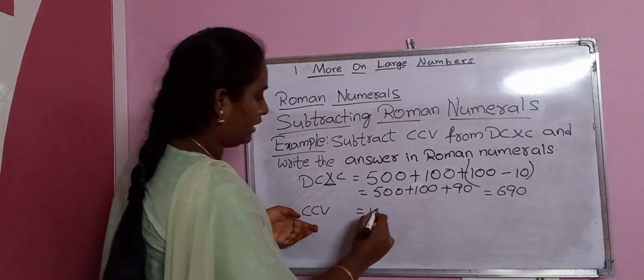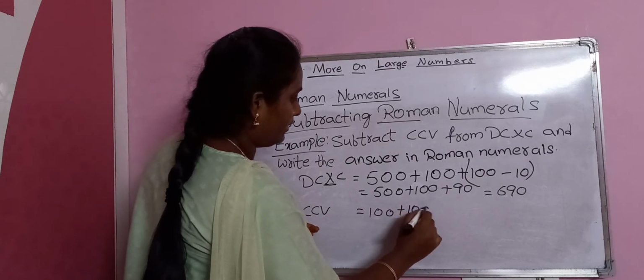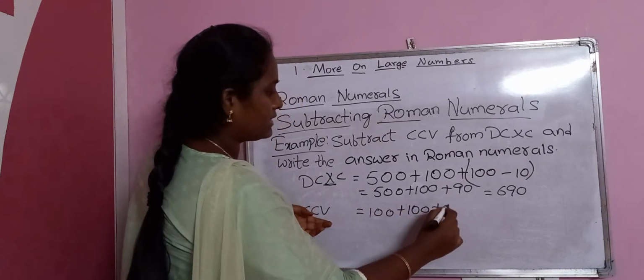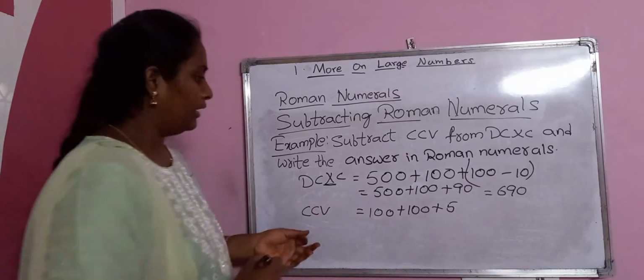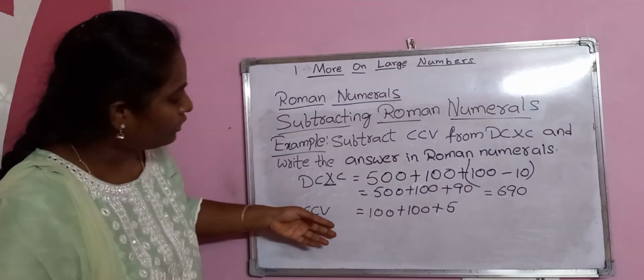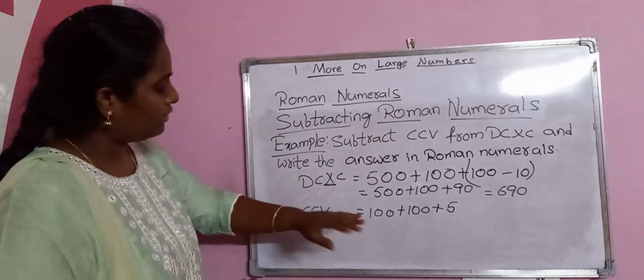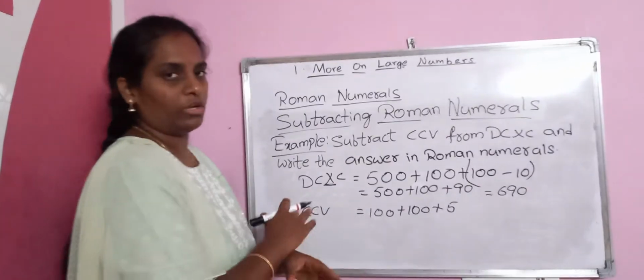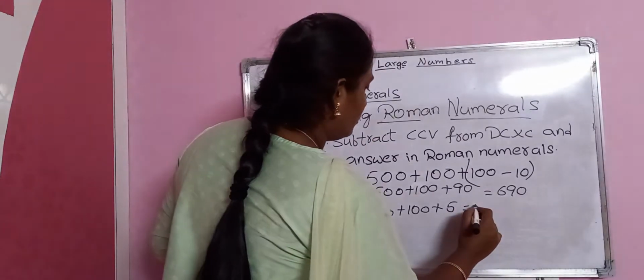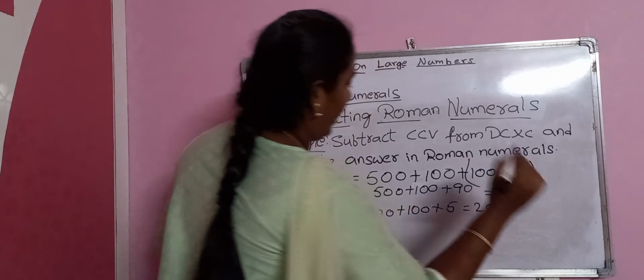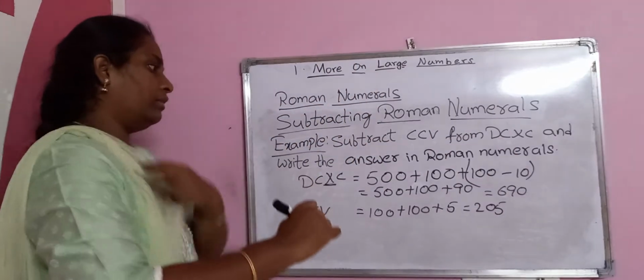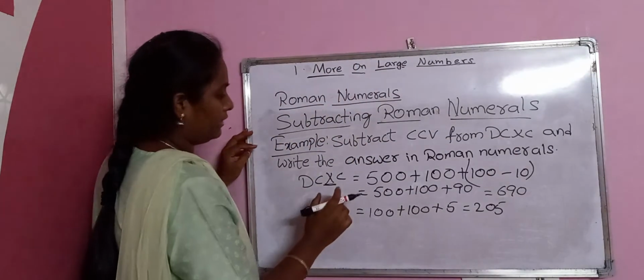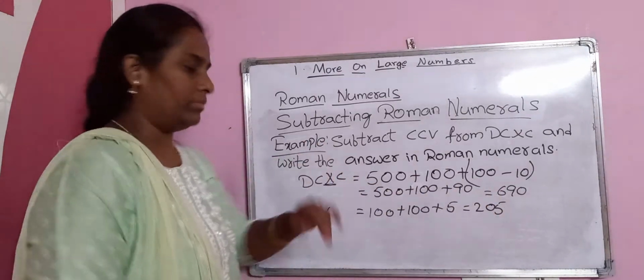C 100 plus 100 plus V means 5. Here larger numerals follows, smaller numeral follows larger numeral. So addition, there is no subtraction. So 205. Okay.